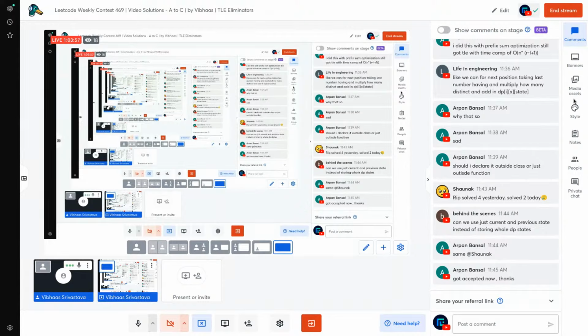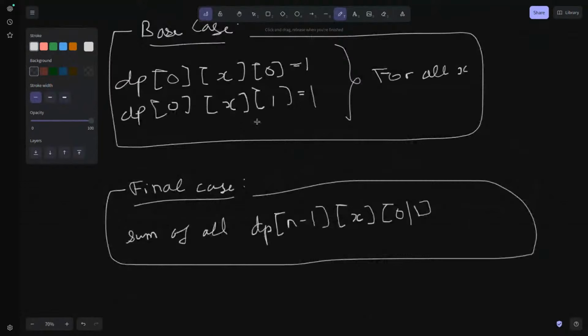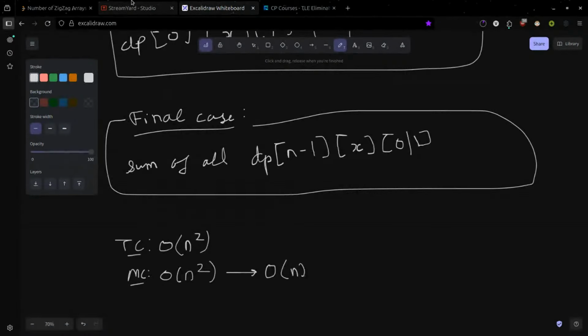Yeah, we can just use the current and previous state. Behind the screens, you're correct. If we just keep the current and previous state, we will save on memory complexity. My current time complexity is big O of n square, and my memory complexity is also big O of n square. But if you only store the current and previous state, we can reduce our memory complexity to big O of n.